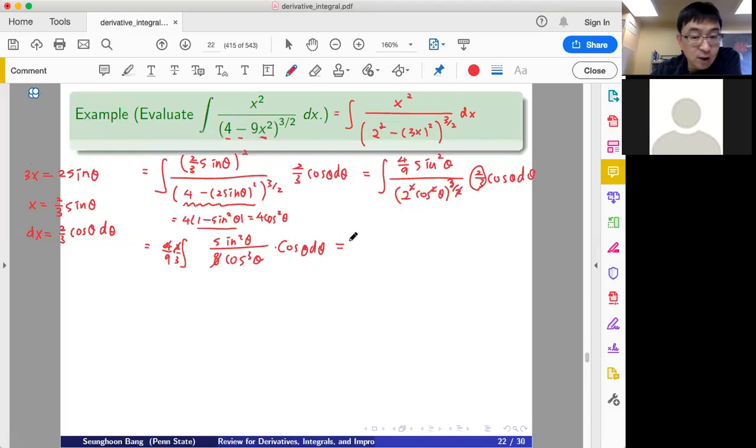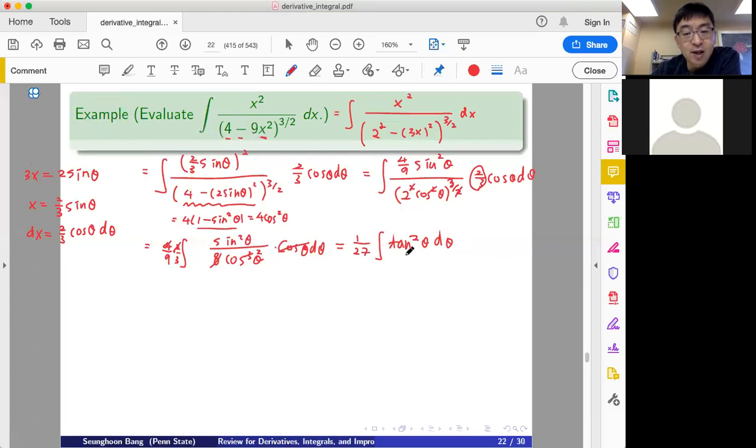This is the same as what? 1 over 27. The integral, cosine theta is crossed out. Change it to sine squared over cosine squared. What is sine squared over cosine squared? Sine over cosine is tangent. We can change it to tangent squared of theta d theta, like this.